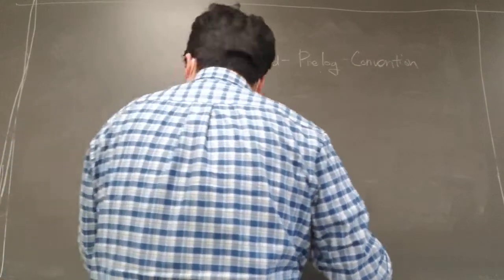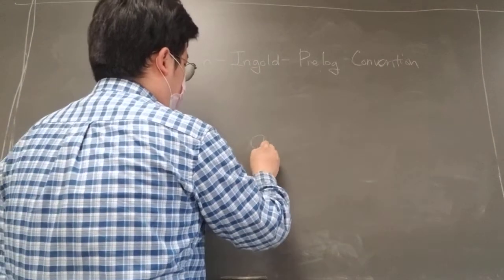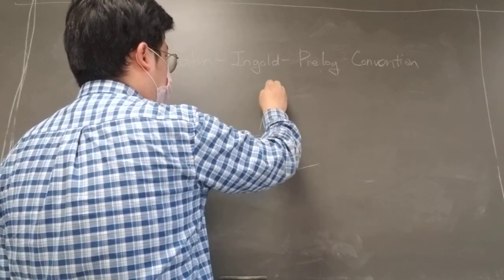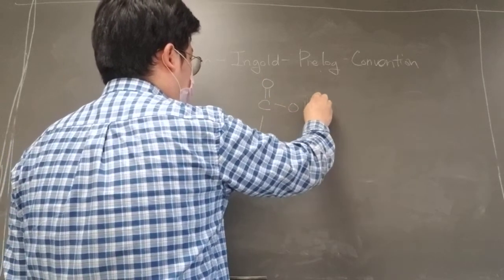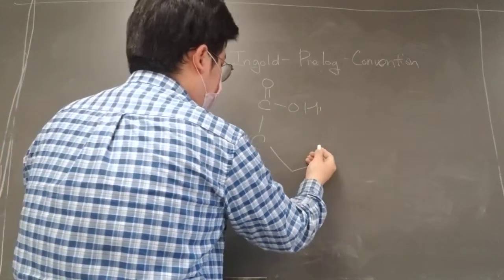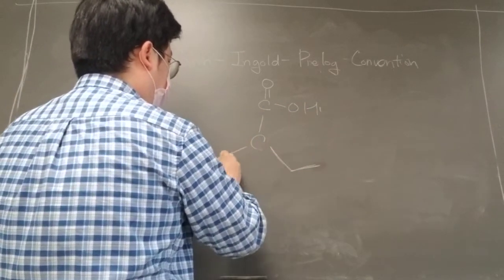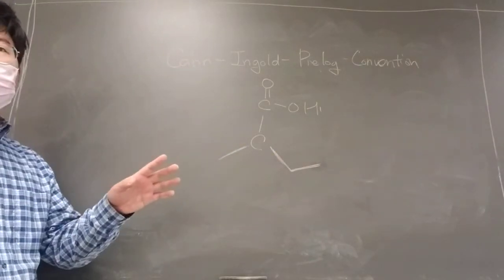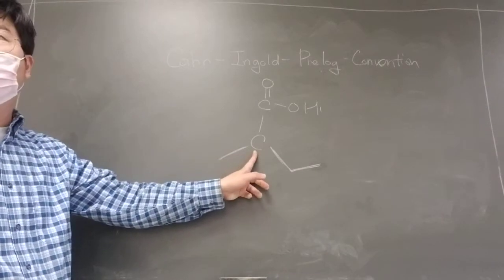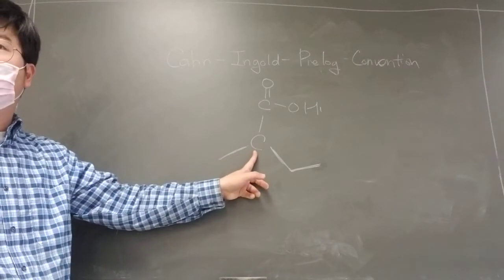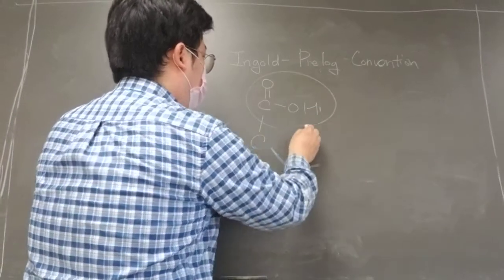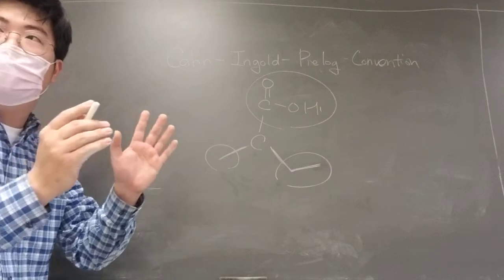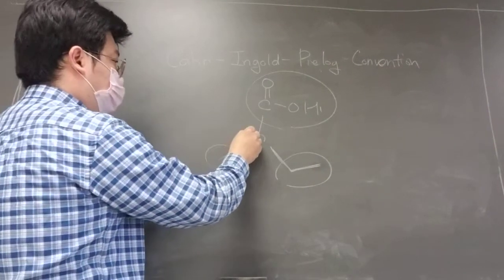So maybe you can tell me if this is the chiral center or not first. Yes, perfect. Good. 1, 2, 3. They are different too, and also we have hydrogen hidden here, right? Okay.